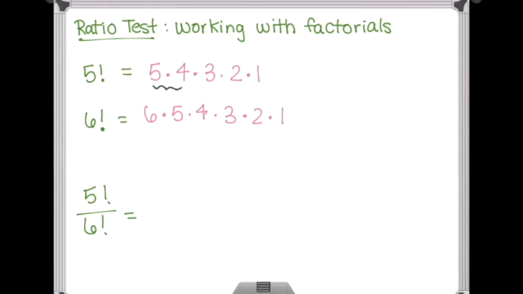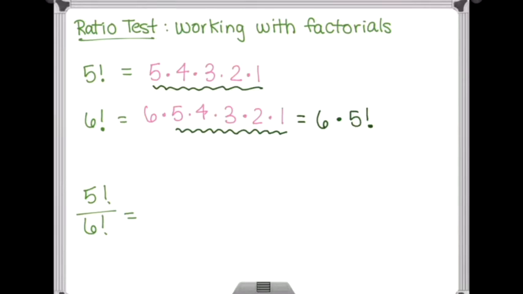I've written out what 5 factorial is equal to. Do you see how there's another 5 factorial right here? So 6 factorial is actually equal to 6 times 5 factorial, because this underlined part is equal to 5 factorial. That makes it really helpful down here.